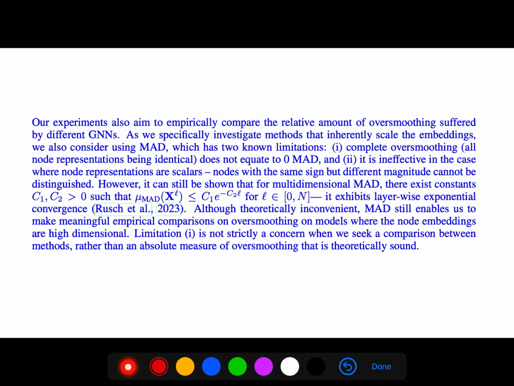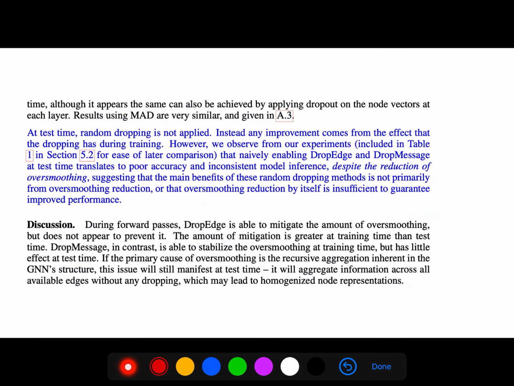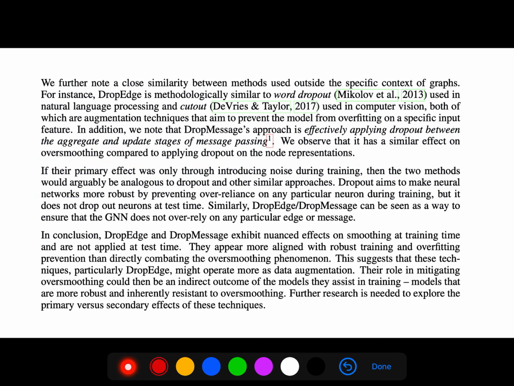Nodes with the same sign but different magnitude cannot be distinguished. However, it can still be shown that for multidimensional MAD, there exists a constant so that we can bound the MAD like this. And then they did some experiments.